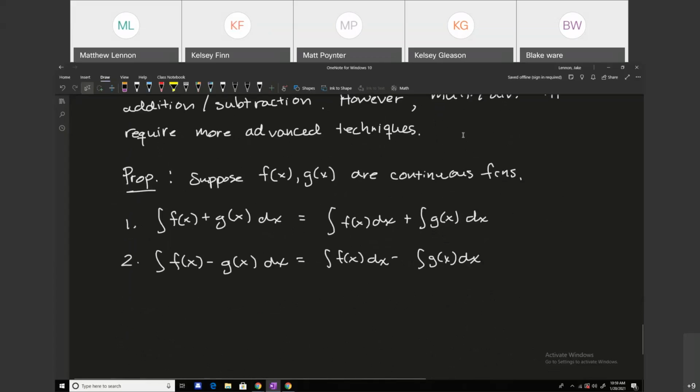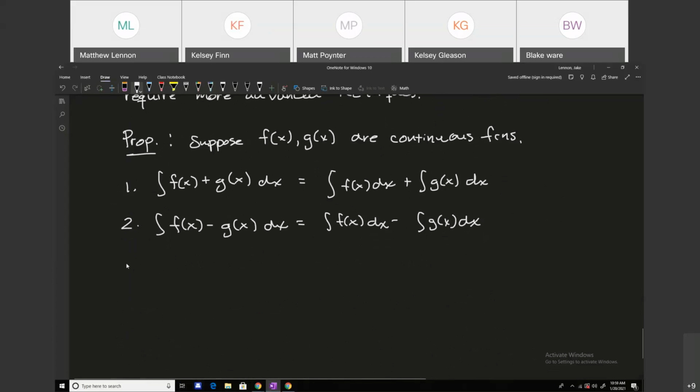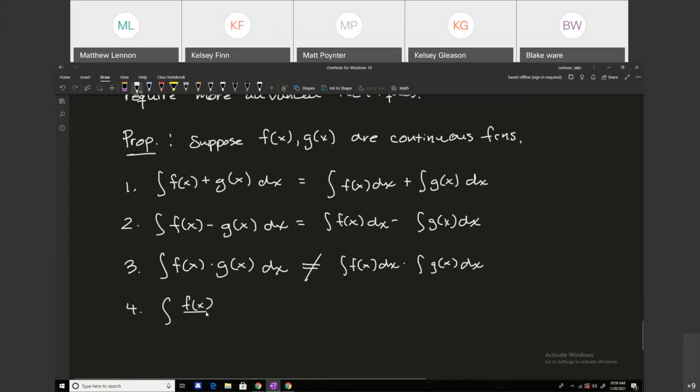But you know, if you had two things that were multiplied together, f of x times g of x, it's not going to be as simple as doing something like this. That is not true. And it's also not true with division. So in the very last example where we had something being divided by something else, you can't just go ahead and try and integrate the top and integrate the bottom.